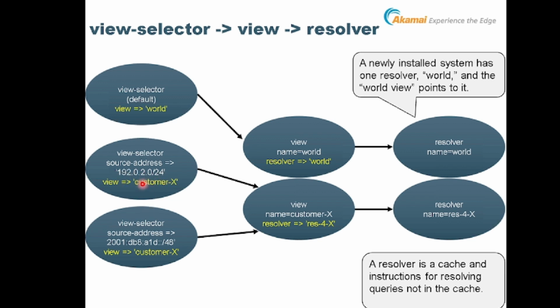Well, based on the IPv4 or the IPv6 address, they go to this view called customer X, which is pointing to a separate resolver, and hence this resolver called res for X will do something presumably different than what is in the world resolver.